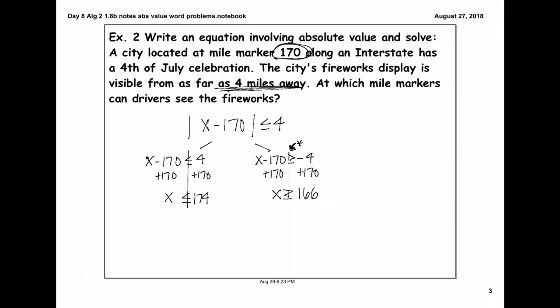So when we write this as an inequality, we say 166 is less than or equal to x, which is less than or equal to 174. So on the highway, we can see the fireworks from mile marker 166 to 174.